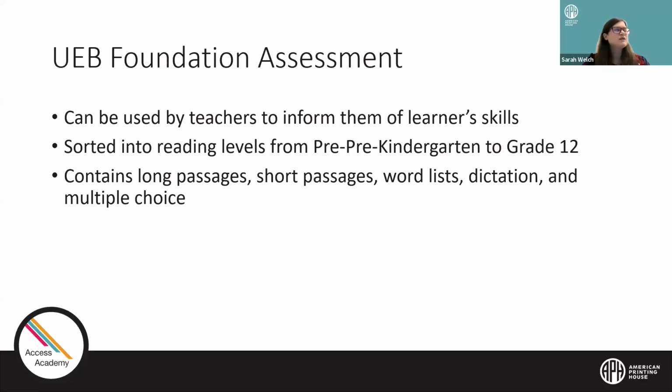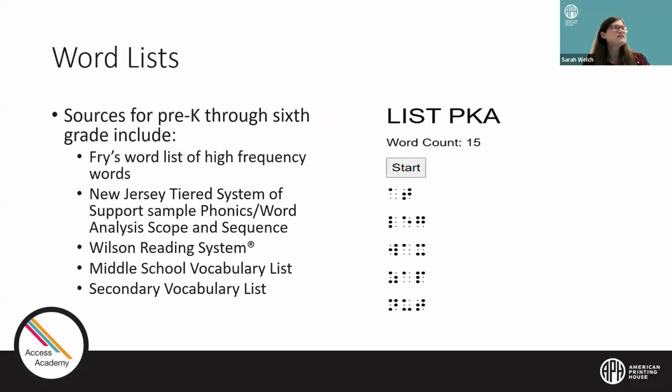It contains long passages, short passages, word lists, dictation, and multiple choice. We'll get into what those are. For word lists, when you enter the word list for that lesson, the top of the screen tells you what level you're at.